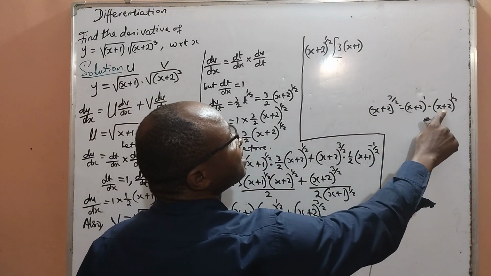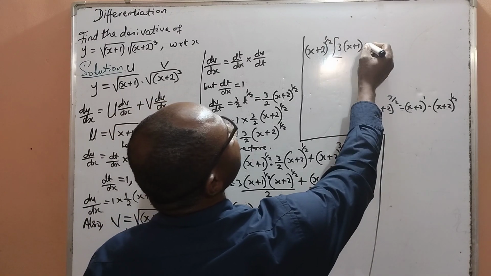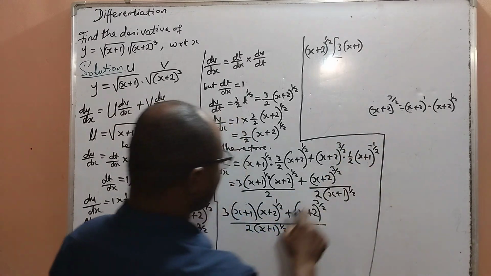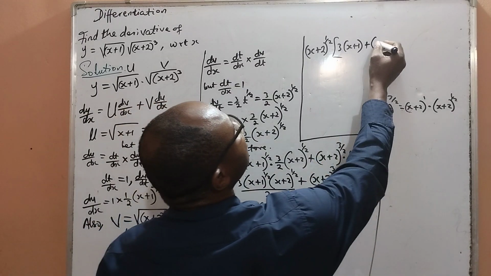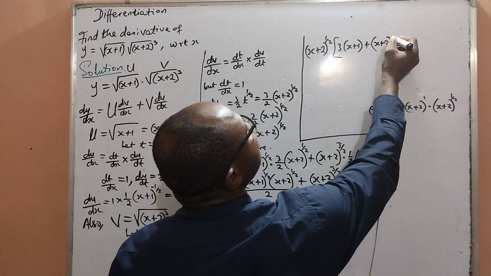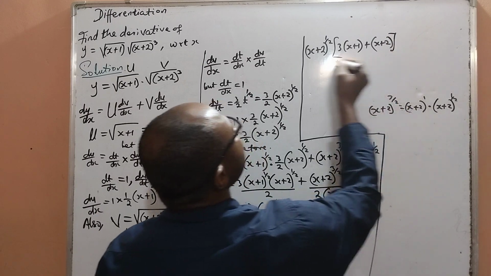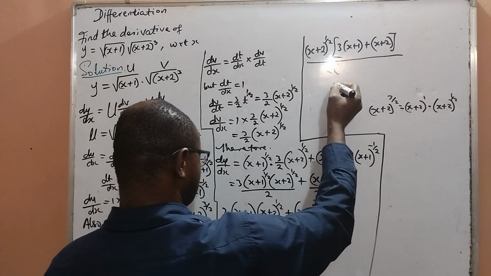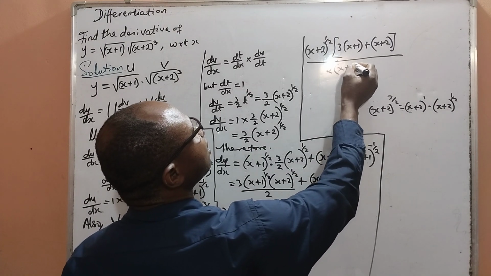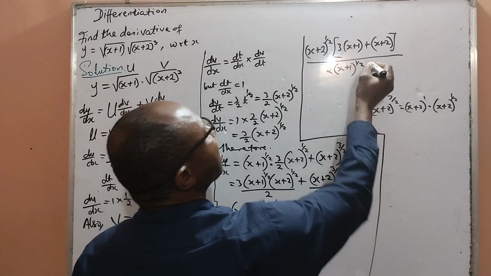So if I have factored this out, I still have plus (x+2) raised to the power 1. Then I close the bracket. At the denominator, I still have 2 into (x+1)^(1/2).